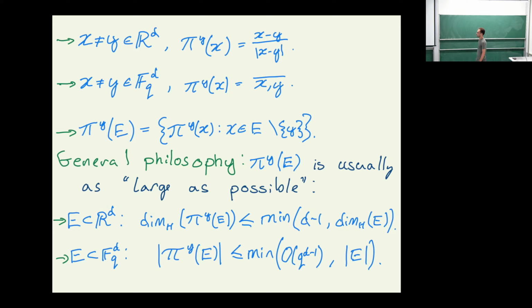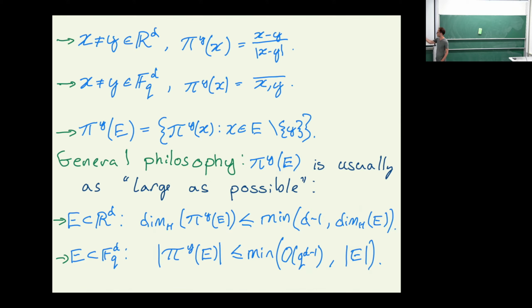So there's two different settings that we're looking at. In the work that we did, E is a finite set in a finite geometry. But all of our results are related to corresponding results and conjectures in fractal geometry. And there, E is a Borel set.